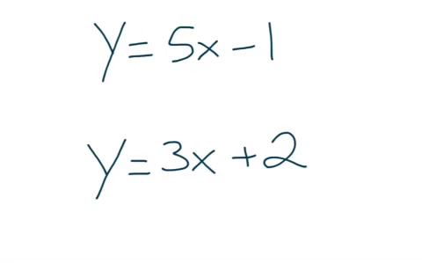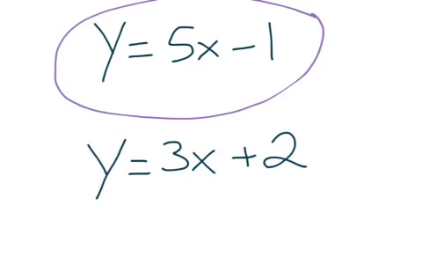Now let's look at these two equations. Which one do you think has the greater rate of change? If you said this equation, you would be correct. Its rate of change is 5. The rate of change on this equation is 3. 5 is greater than 3.